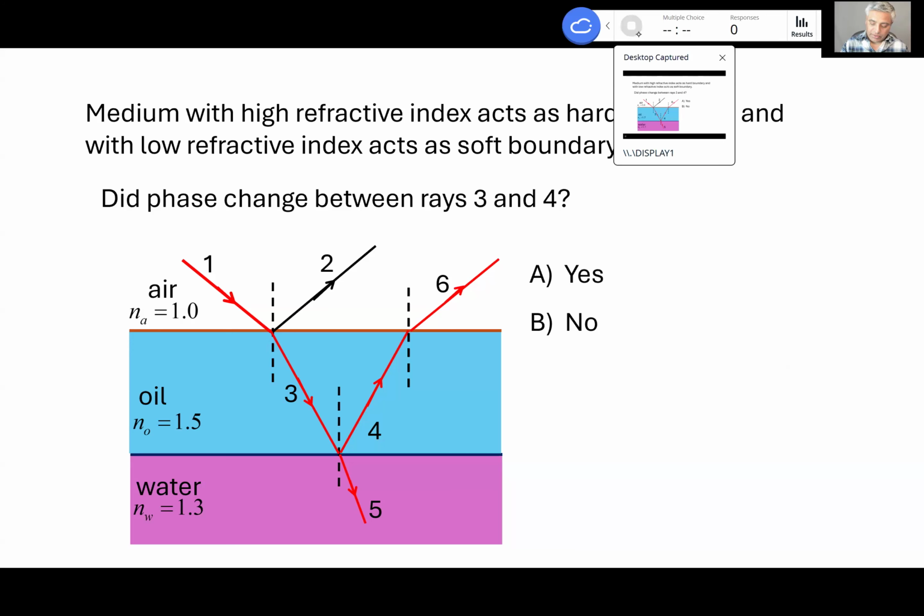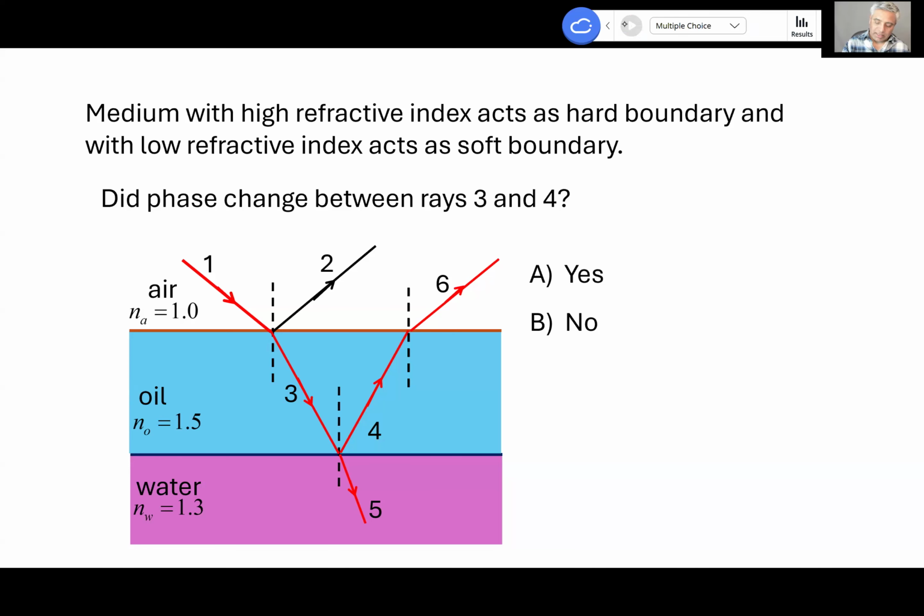Let me open the clicker question. Thirty more seconds. 5 more seconds. 5, 4, 3, 2, 1, and it stops.